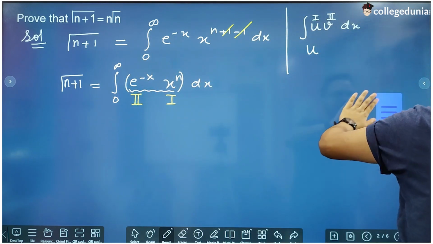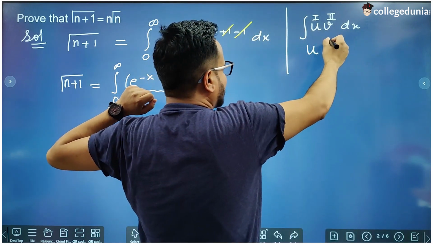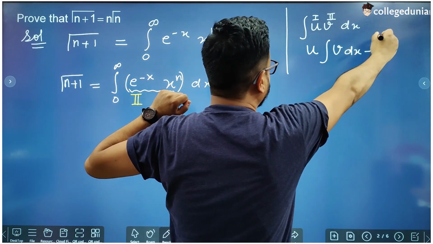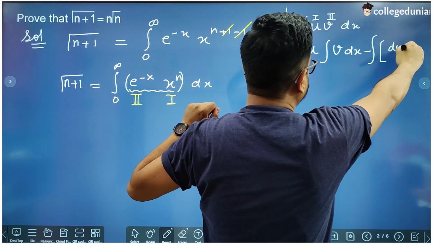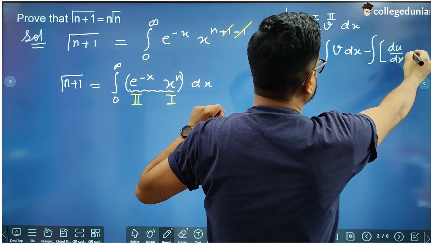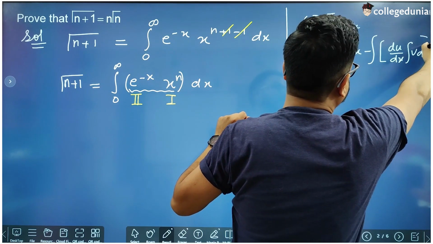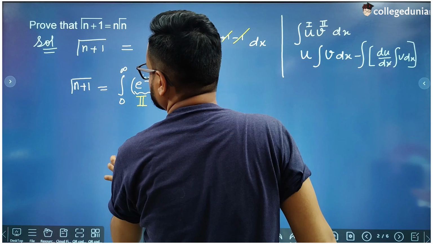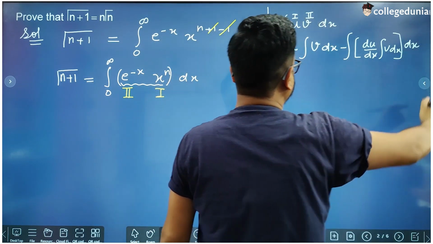So what is the formula? What is the expansion of u into v dx? So first function as it is, times the integral of second function, minus the integral of the derivative of first function into the integral of second function, and this whole integral, okay.